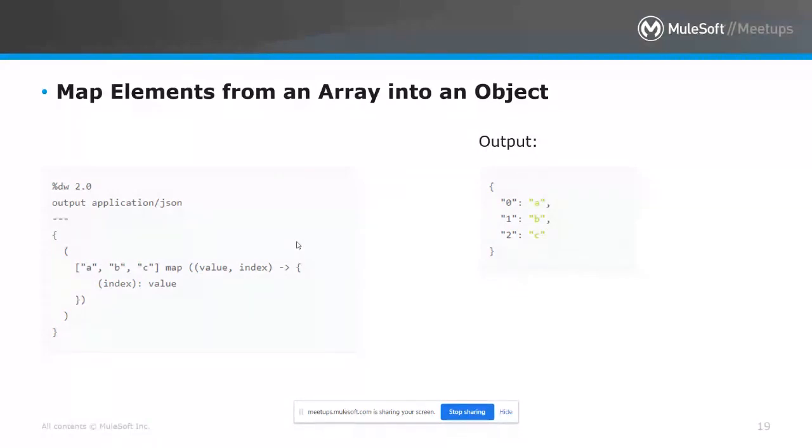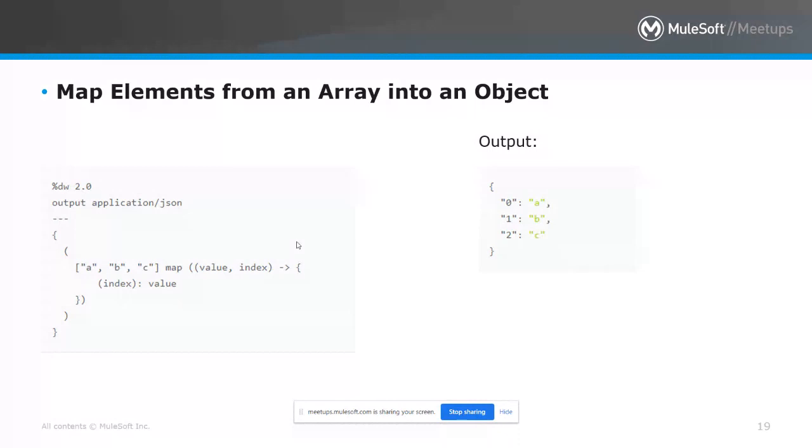So we have many other elements which you can explore. We have a map object, and there's a pluck operator, and it's called a function right now in Mule 4. So everything is a function now. So you can explore a lot in the documentation. I can give you a link at the end of this presentation.